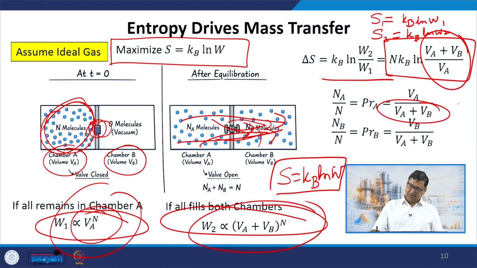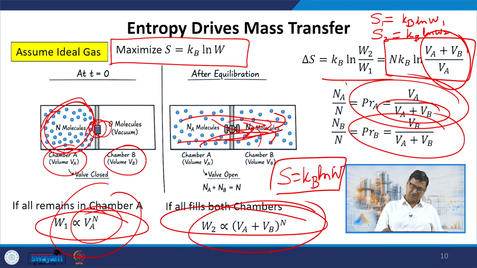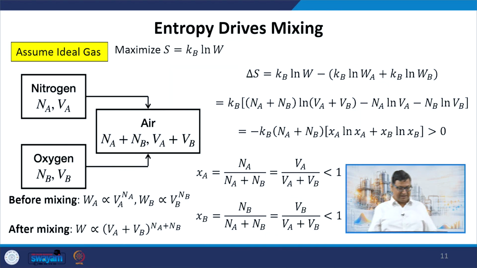Therefore, the probability of a molecule to be in chamber A is VA by VA plus VB, and the same for B. The number of molecules in chamber A by total number of molecules is VA by VA plus VB, and in chamber B it is VB by VA plus VB.